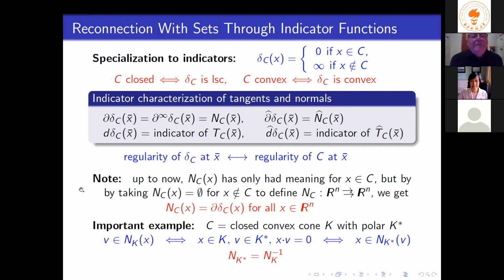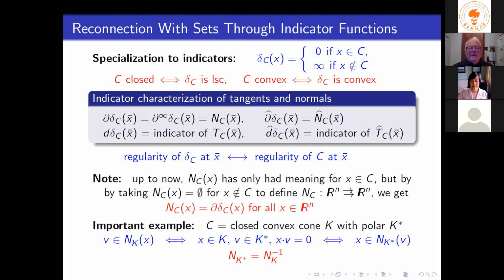Now, we get to another feature of variational analysis, also in convex analysis, which I think is extremely useful, and it doesn't exist in classical analysis. It exists in a way. It's the way that we identify sets with functions. In classical analysis, there's a way of identifying sets and functions.